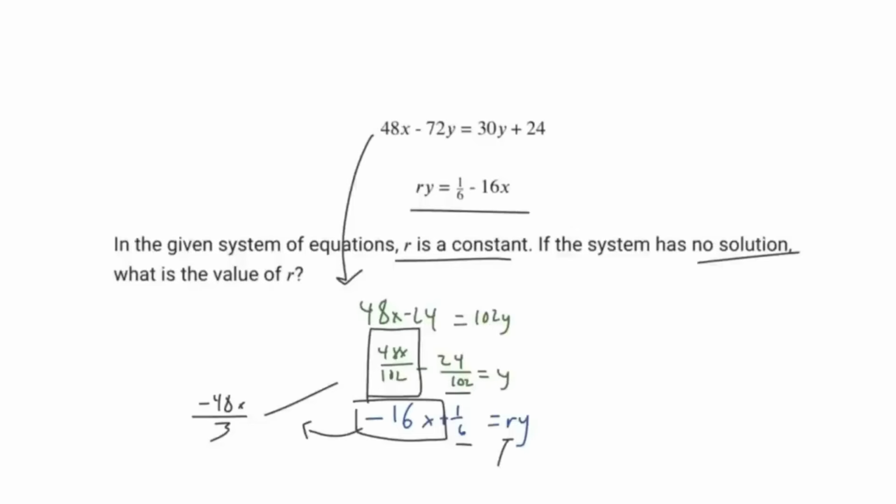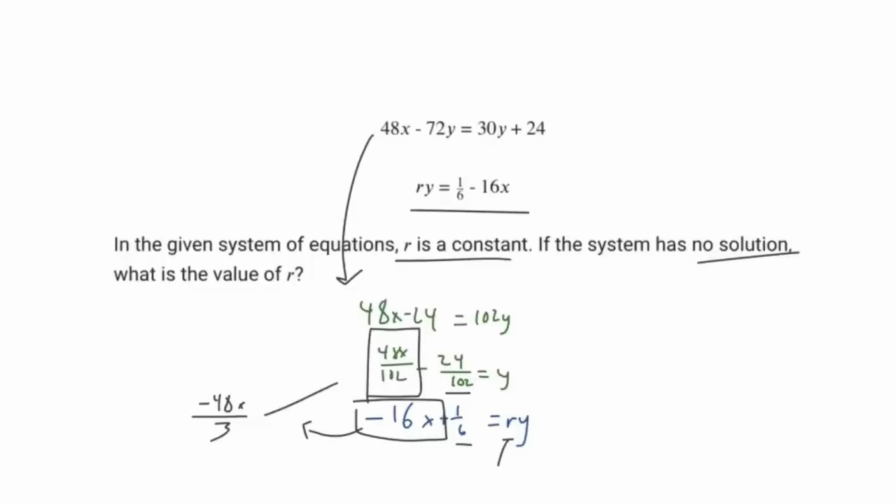So if we get the value of 34, we can convert the denominator of 3 to the value of 102. So r, we know now, has to be 34, because if we divide both sides by 34 in order to isolate y, dividing a fraction by 34 is the same thing as multiplying the denominator by that number.